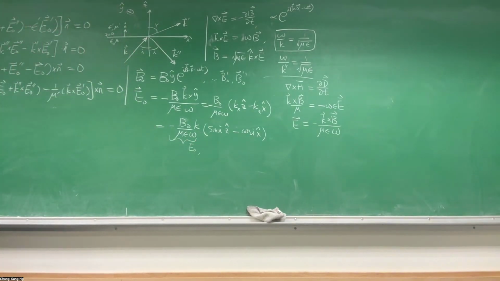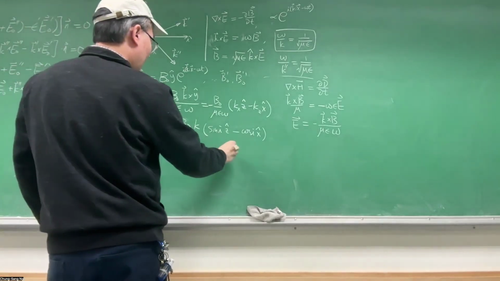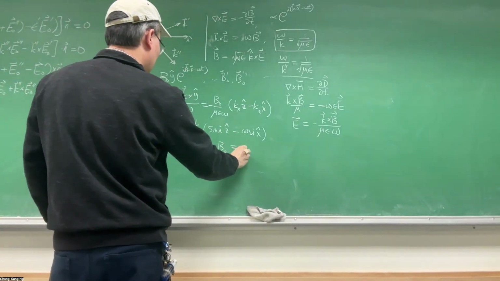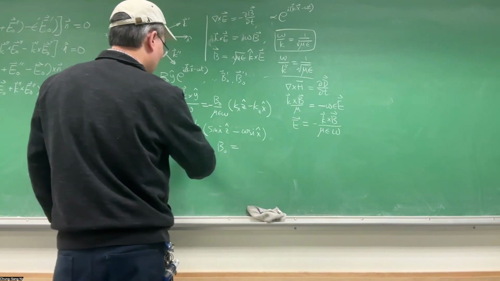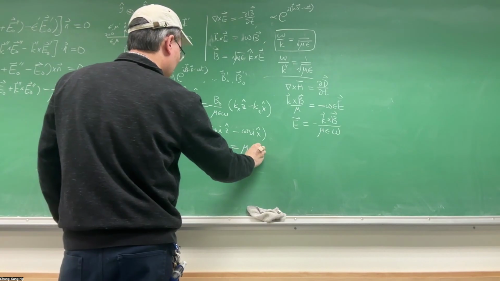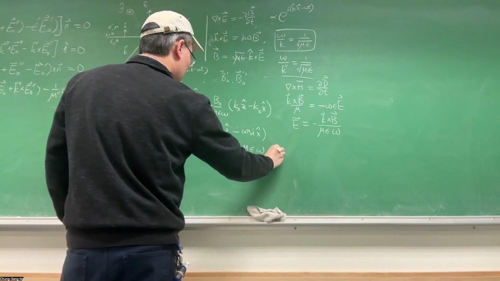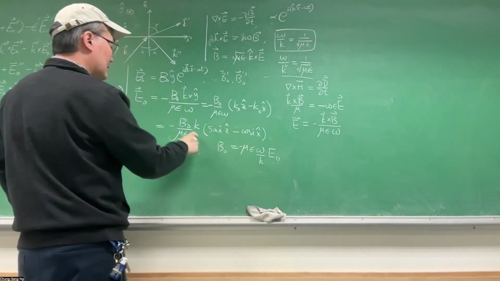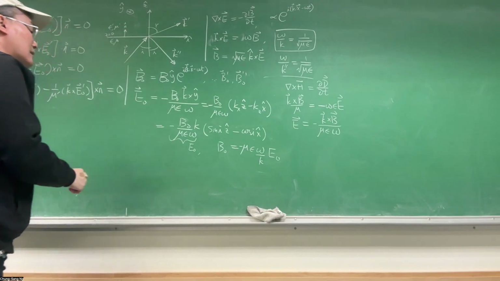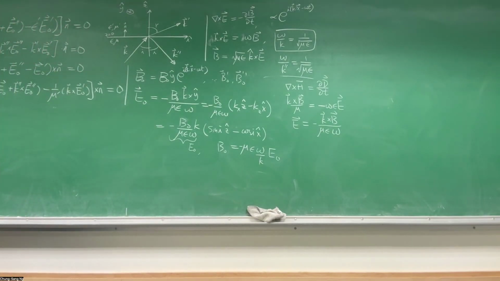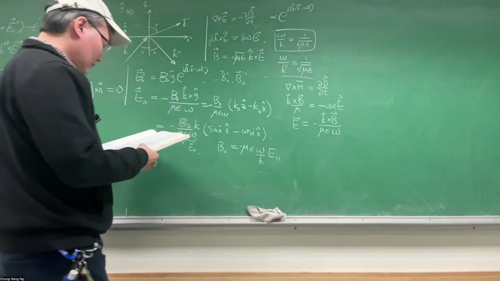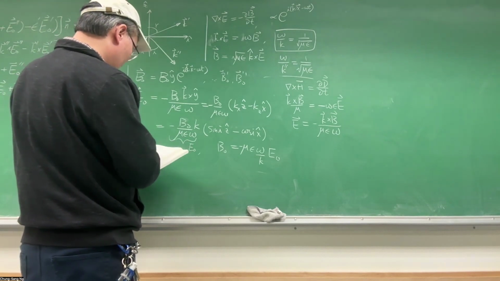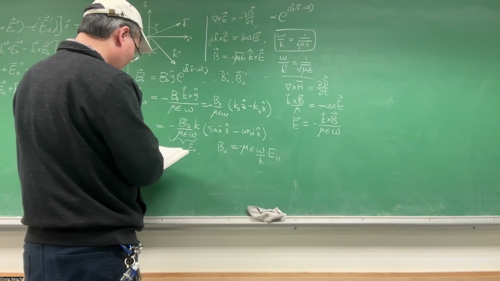Okay, yeah. So basically, B0 is E0 multiplied by epsilon, mu, epsilon, omega over k, times E0. Right? There's a negative sign. It depends on whether you define the right hand rule or the left hand rule. You look at how Jackson defined that.